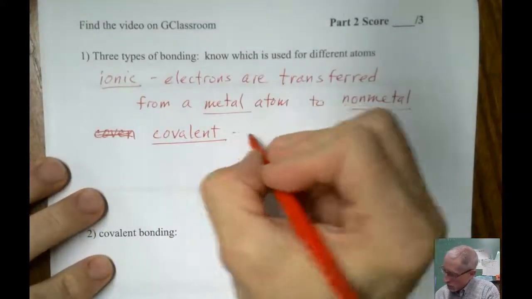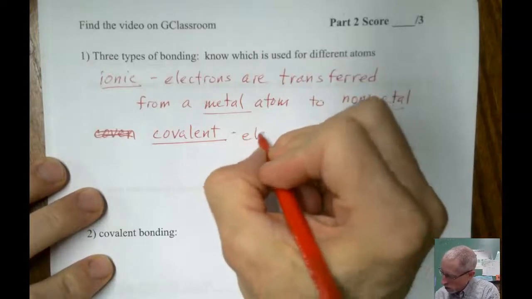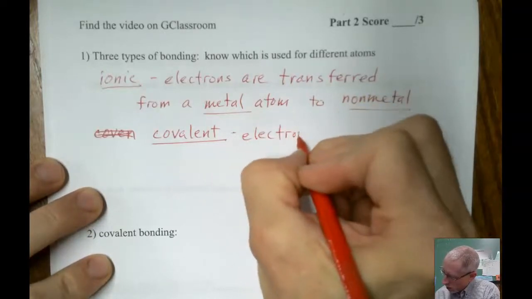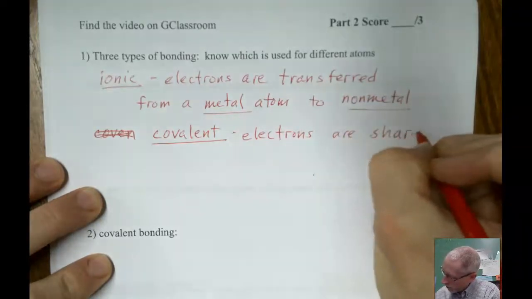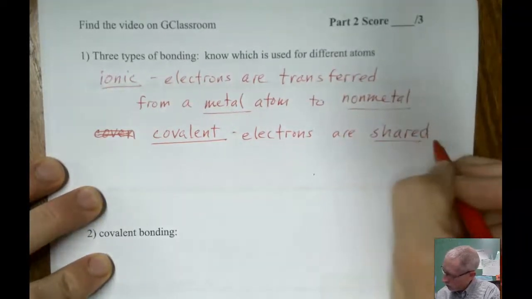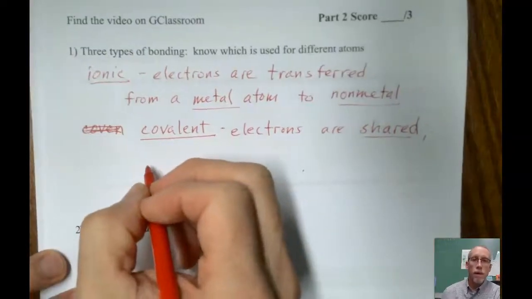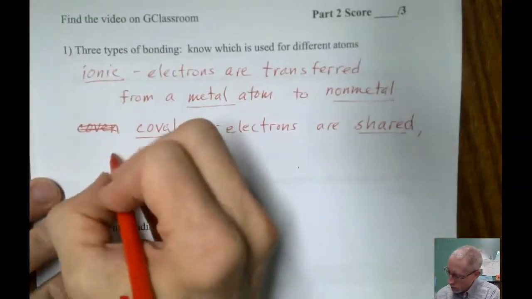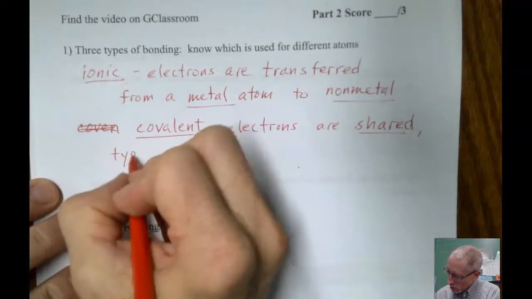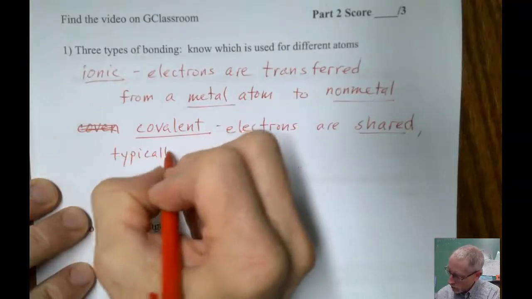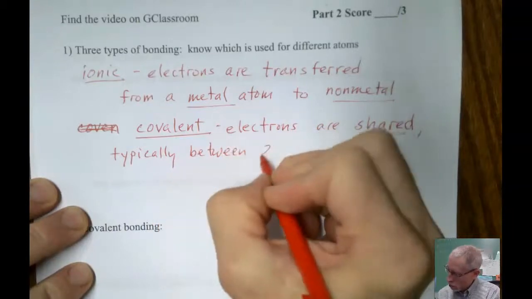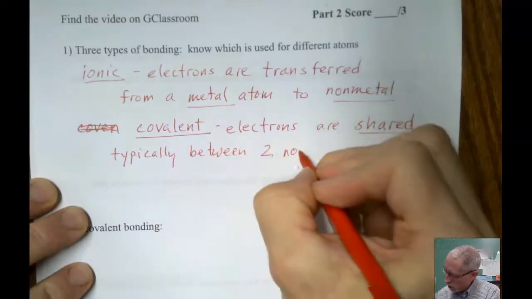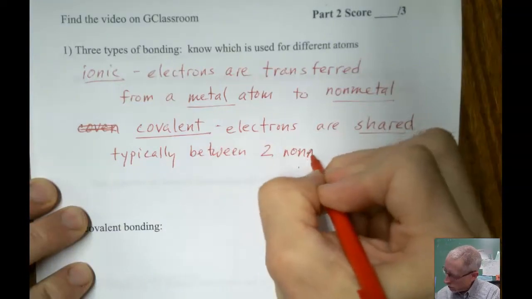Describe it this way: electrons are shared, and this is typically between 2 non-metal atoms.